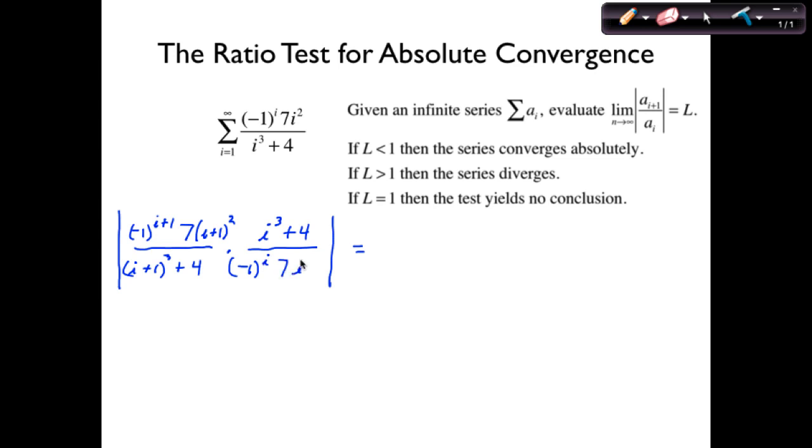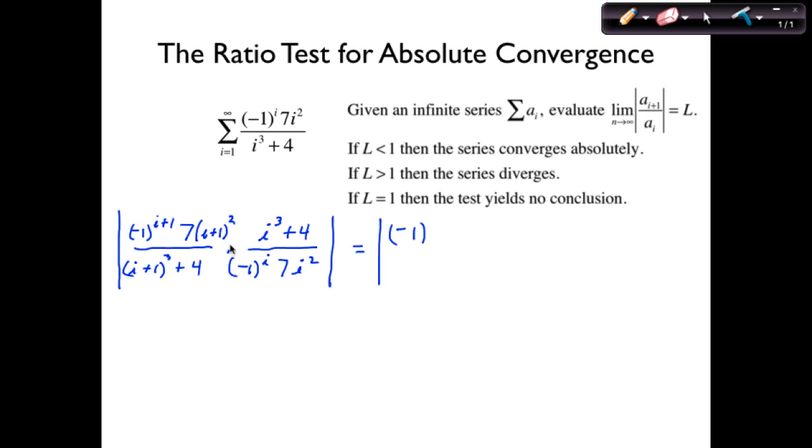So now we have to simplify this. That means combining things that are alike. So we have the (-1)^(i+1) over (-1)^i. You have one more -1 in the top than you do in the bottom, right? Okay.